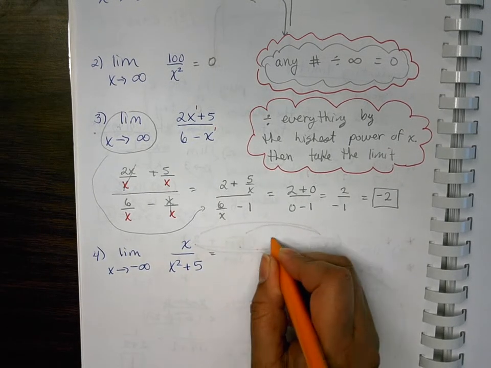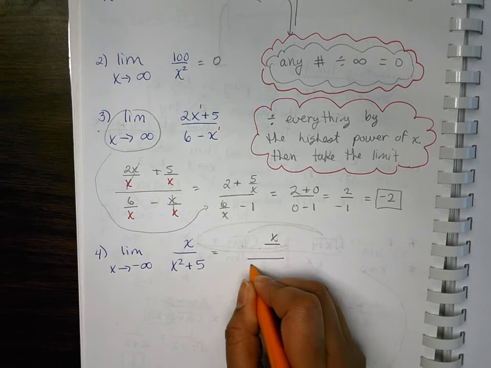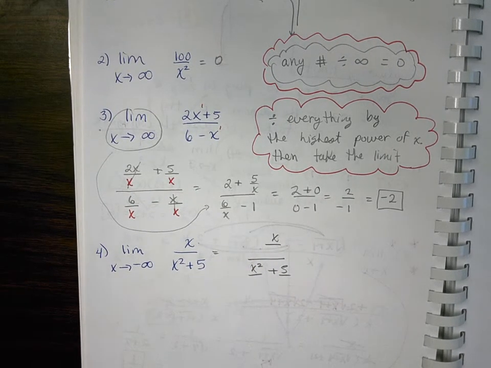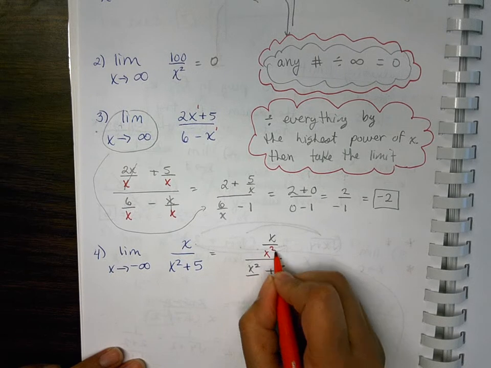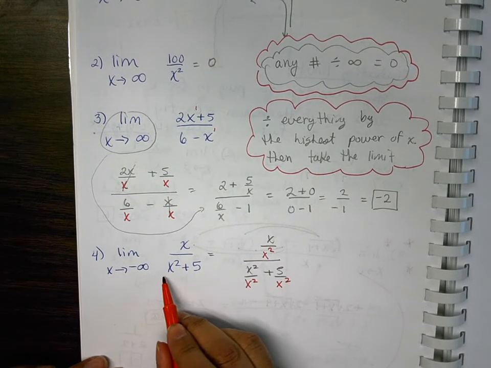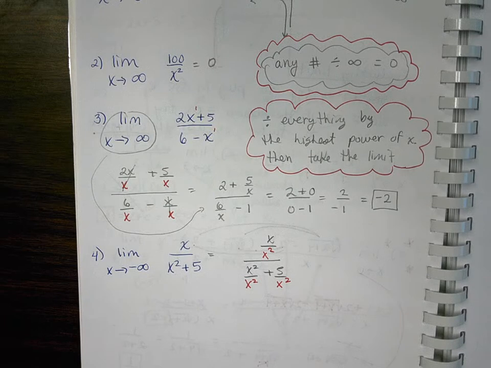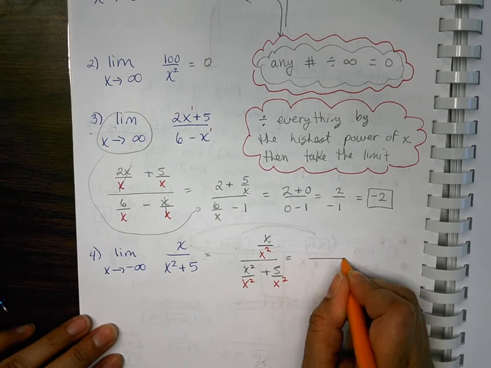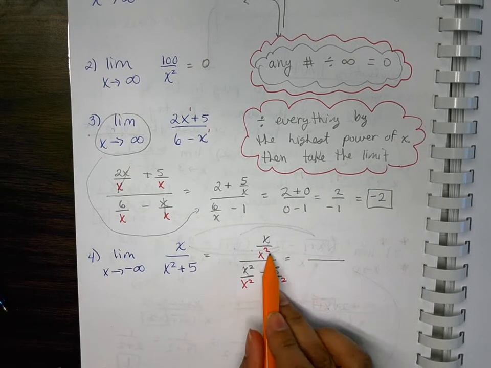What's the largest degree here, top and bottom? 2. So I'm going to divide everything by what? Everything by x squared. Even if this x squared had a coefficient, you still just divide by the x squared. So you can divide by x or x squared or x cubed, depending on the problem.